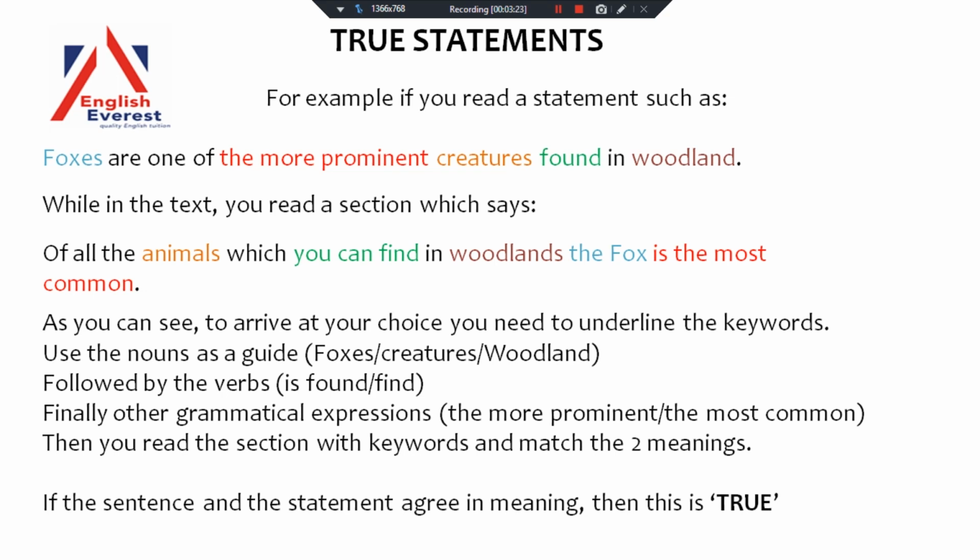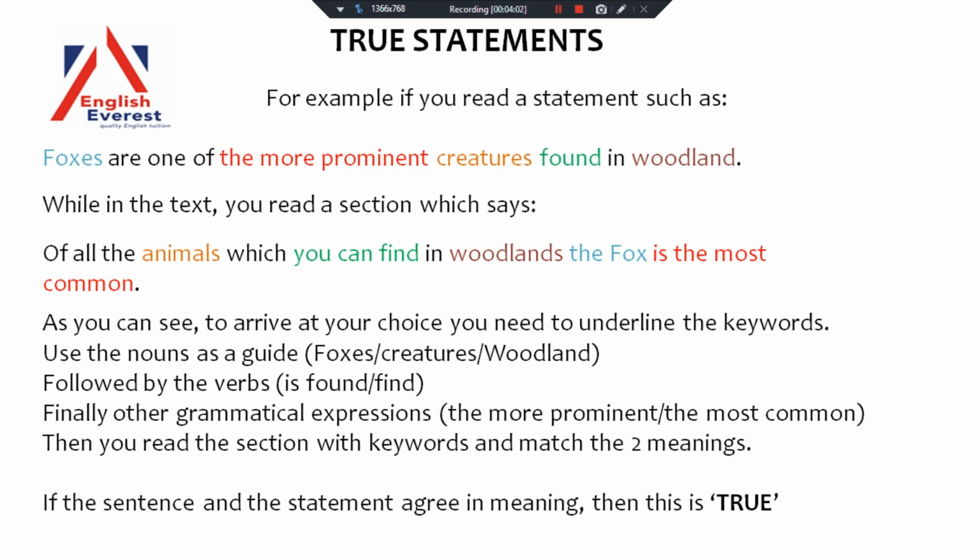Here I followed my own personal guide. The way I do it is by looking at the nouns, looking at the verbs, and then looking at any other grammatical expressions. So I've created three separate lists: foxes, creatures, woodland; is found or find, is our verb; and the more prominent or the most common, and they are my comparison here. These are actually comparison expressions. Okay, so we've got all our keywords.